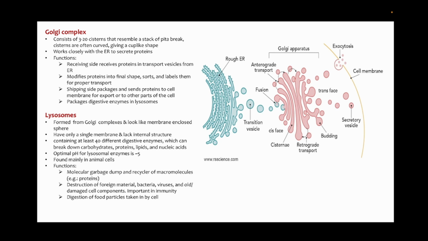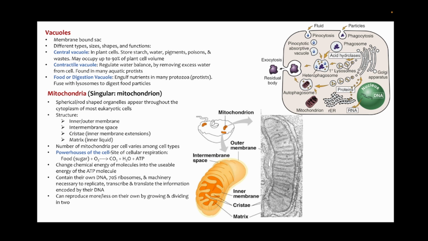So the budding forms lysosomes, okay? These are formed from Golgi complexes. Whether it is a lysosome or not depends on what's inside the vesicle. Okay, so for a lysosome, it has the digestive enzymes.